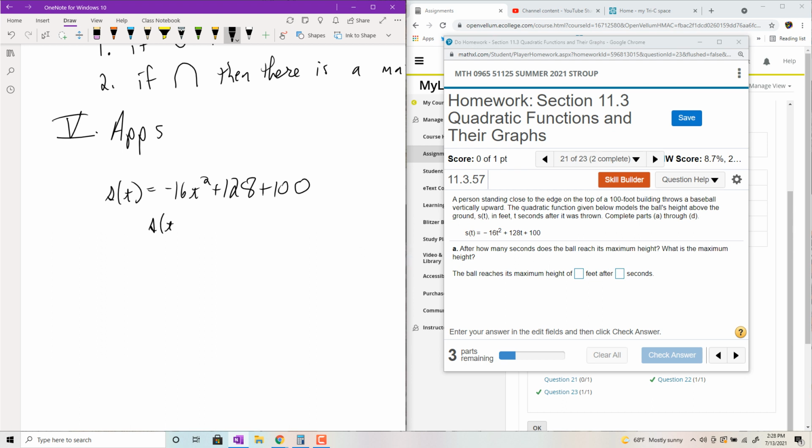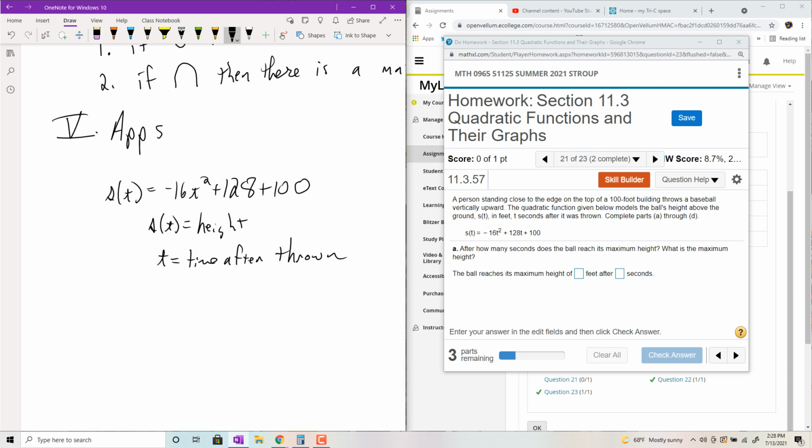S of t is height, and that's in feet, and t is time after thrown. So after how many seconds does the ball reach its maximum height?